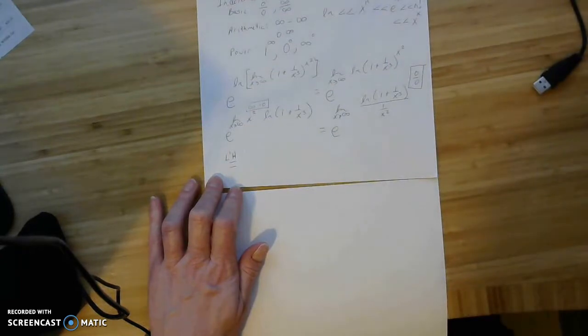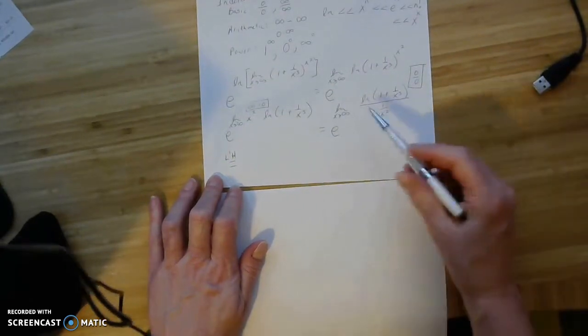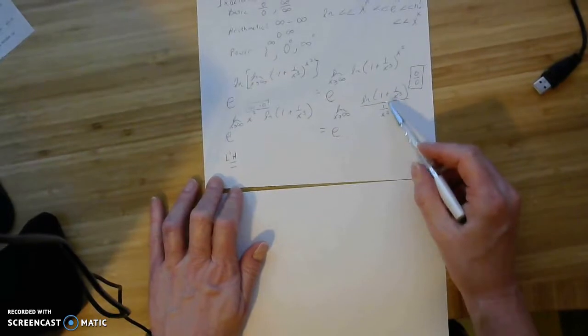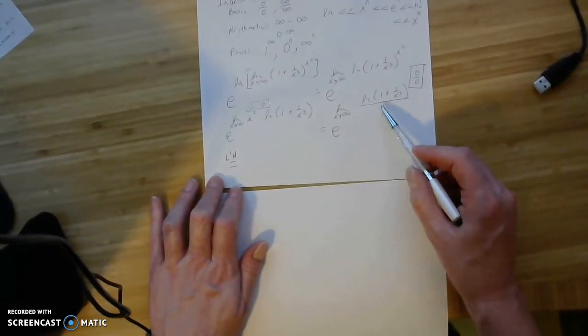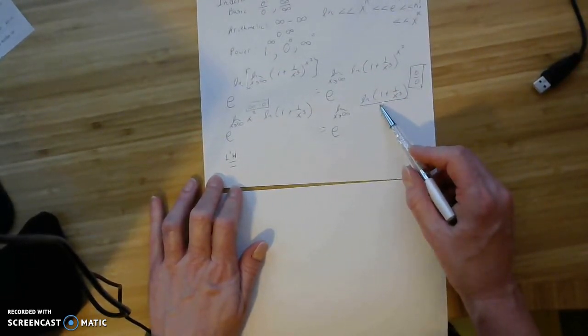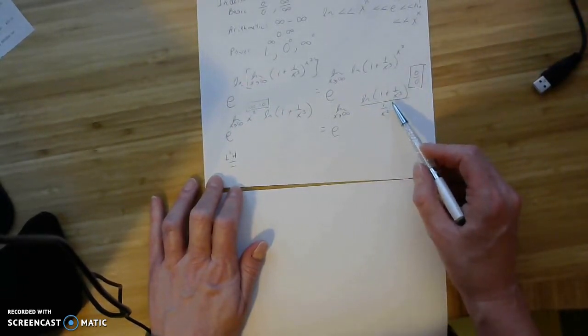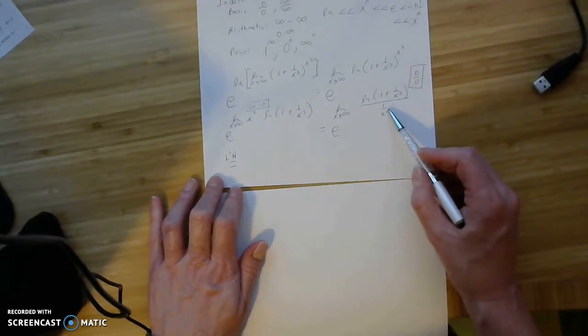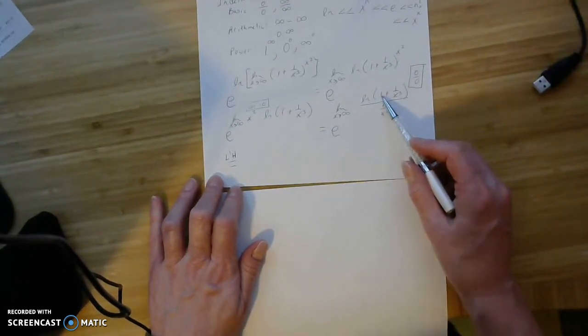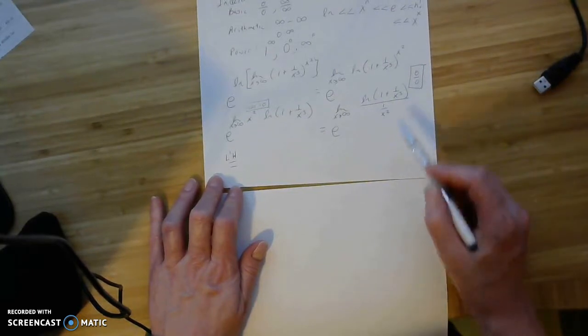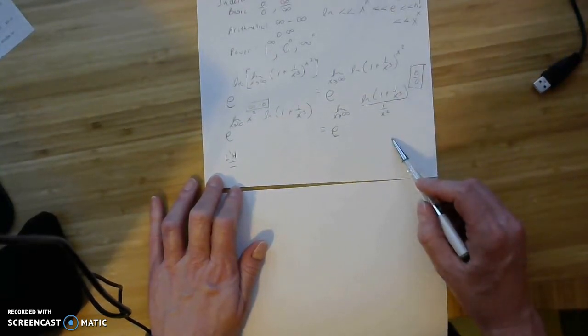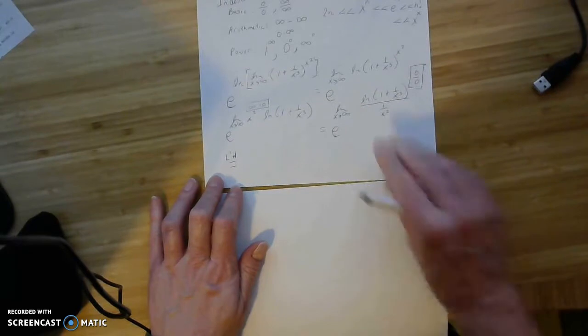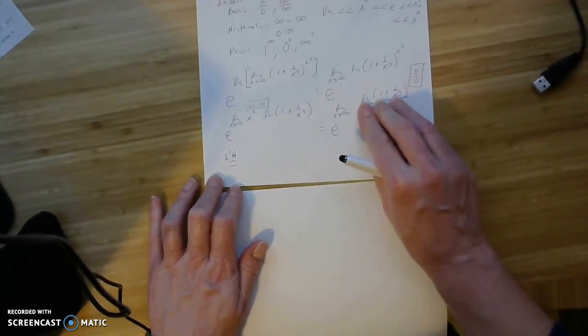So what is L'Hopital's rule? Well, L'Hopital's rule says if I take the derivative of the numerator and the derivative of the denominator in the quotient, I'll get the same limit. Now this is not the derivative of a quotient, because the derivative of a quotient is the bottom times the derivative of the top minus the top times the derivative of the bottom over the bottom squared. I'm not doing that. L'Hopital says ignore the bottom, take the derivative of the numerator, in this case natural log.